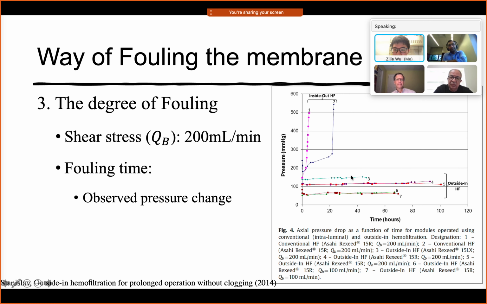But for the outside-in mode, it didn't build up as quickly or barely changes. So I was thinking maybe when we are doing the pre-fouled membrane, perhaps we should go with the conventional mode so that we can have higher degrees of fouling of the pre-fouled membrane.